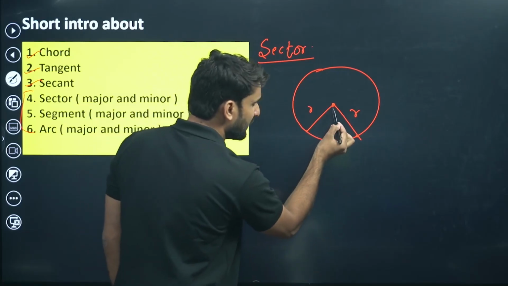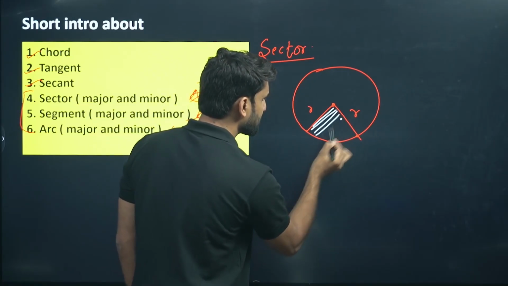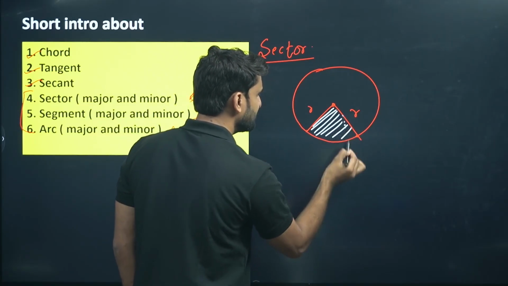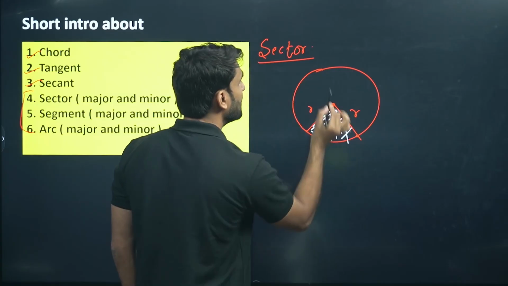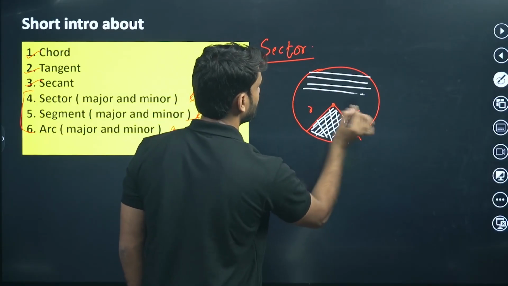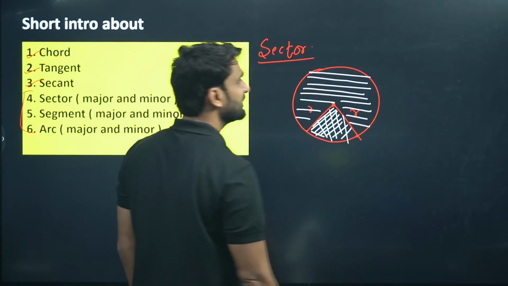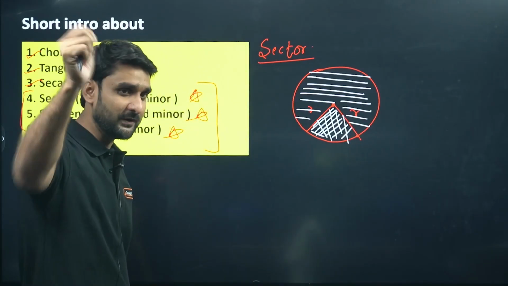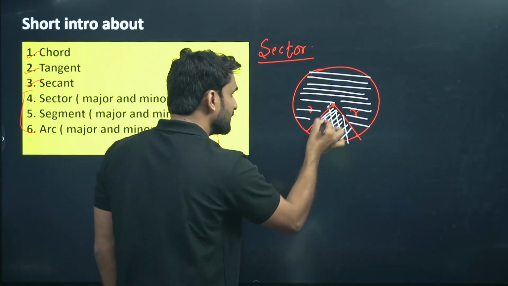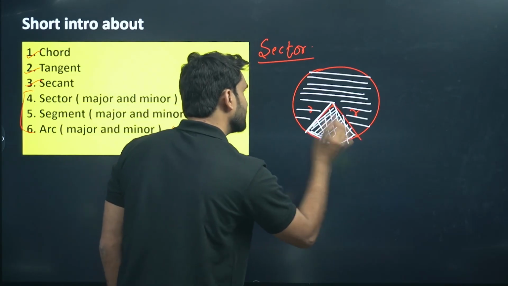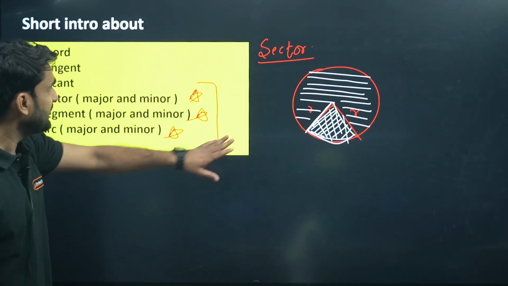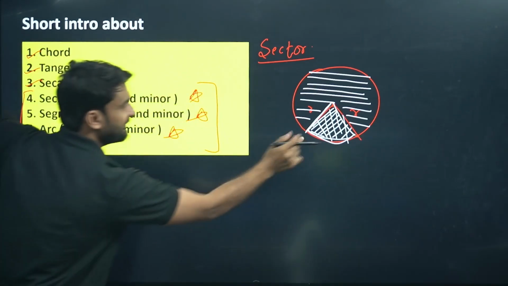One part is this, and the other part is this. So this part is called a sector. This is not a sector.